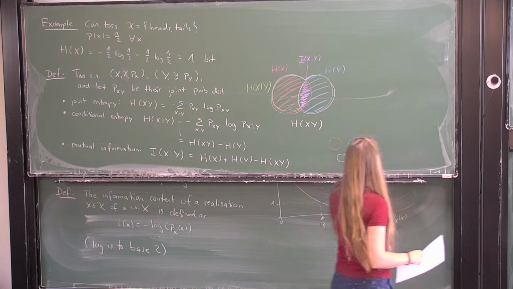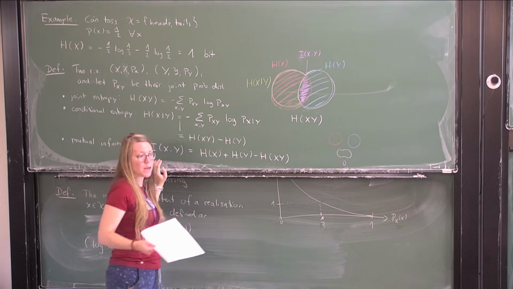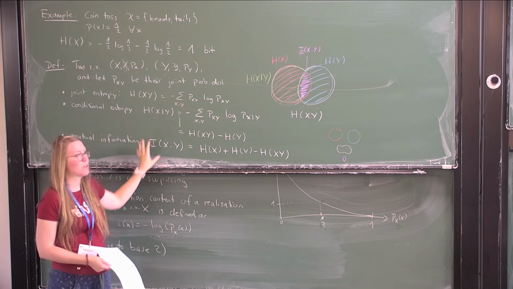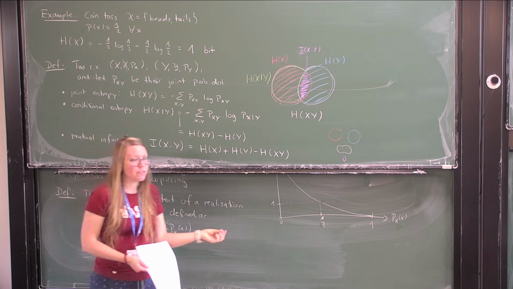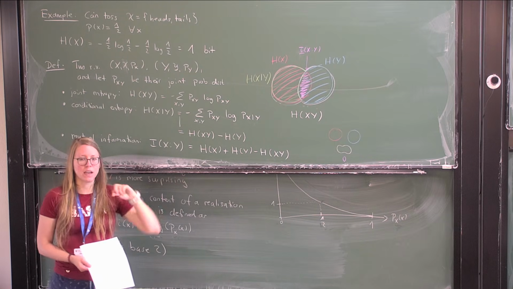So in principle, one can come up with many definitions of entropies, and people did come up with many definitions of different entropies. The one that we derived was we took this information content function and took the expectation value of it.